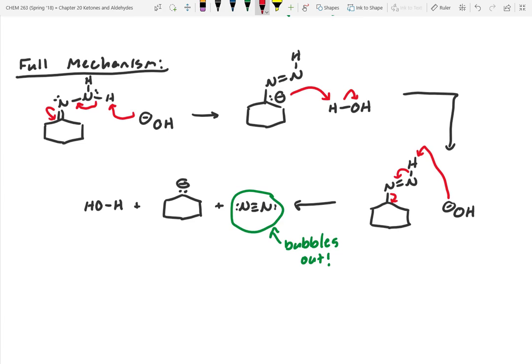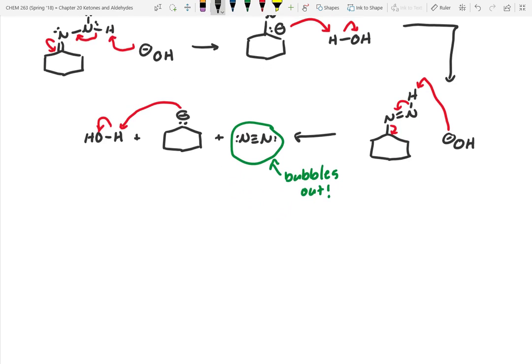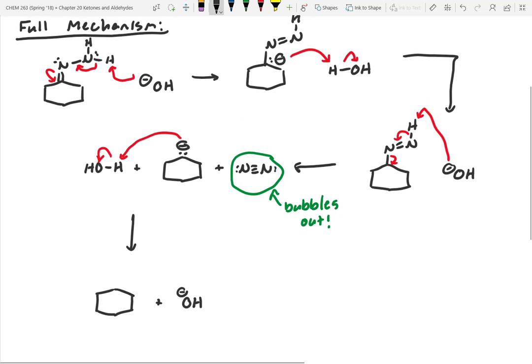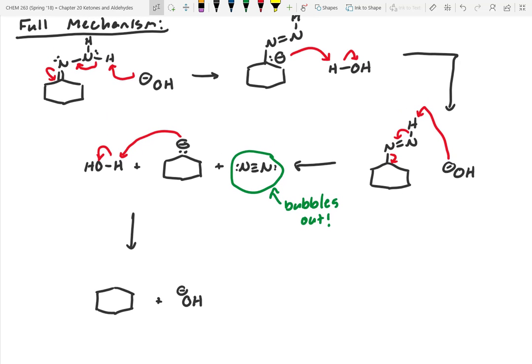All right, and then in the next step, this carbon can steal the proton back from water to give you your final product plus your hydroxide. So it's a pretty clever reaction. Liberating nitrogen drives this out of equilibrium, and you can trap your cyclohexane or any other aryl or alkyl ketone.